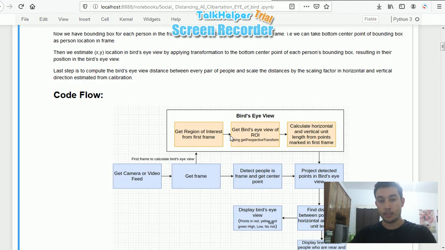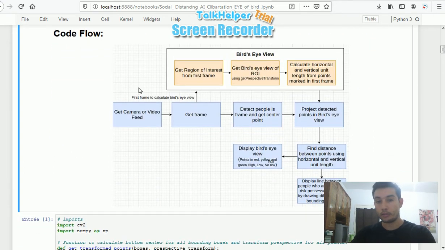So the code flow of our project is like that. We will get the camera or video feed. We will get the frame from our video, get the region of interest, get the bird's eye view of our region of interest, and calculate the horizontal and vertical unit length from points marked in the first frame.